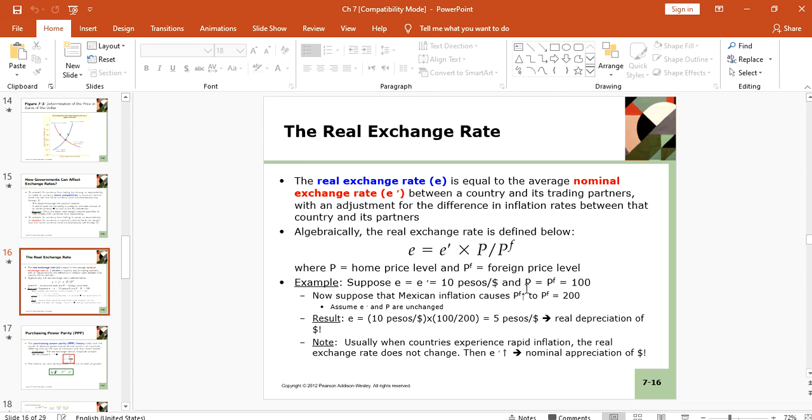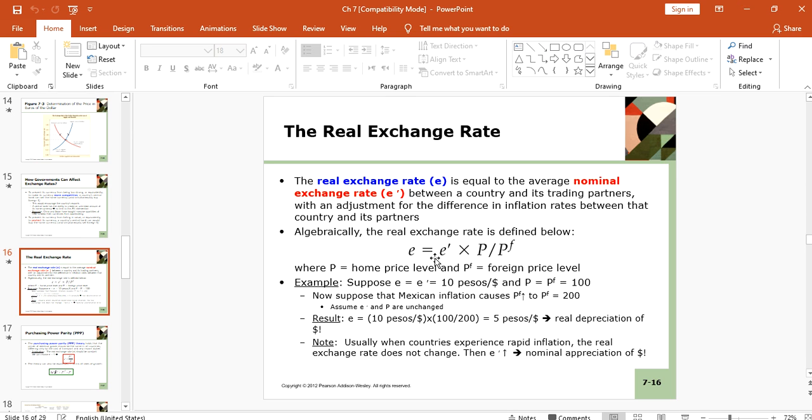Okay, so what is the real exchange rate? The real exchange rate is the exchange rate that we see, but that has been adjusted for inflation. Just an advice from me: whenever you see real economy, real GDP, real interest rate, real exchange rate, whenever you see the word real in economics, it means this has been adjusted for inflation.